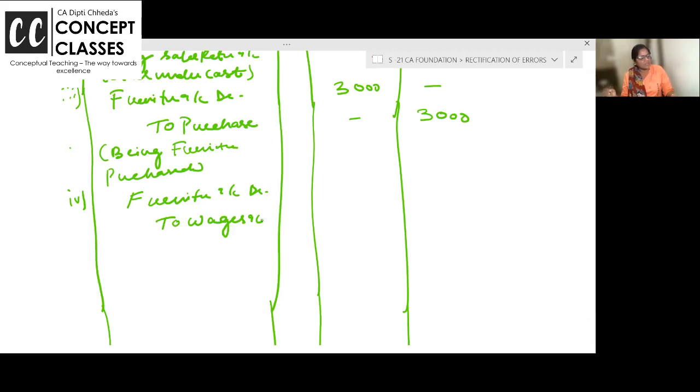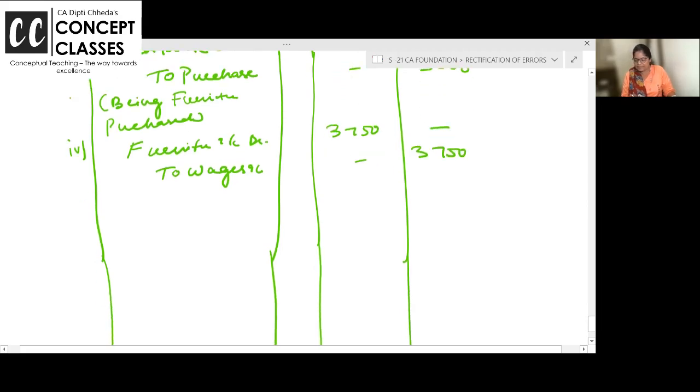Furniture account debit, how much? 3750, and wages credit. Next, being the wages paid to foreman, you can write for making furniture.